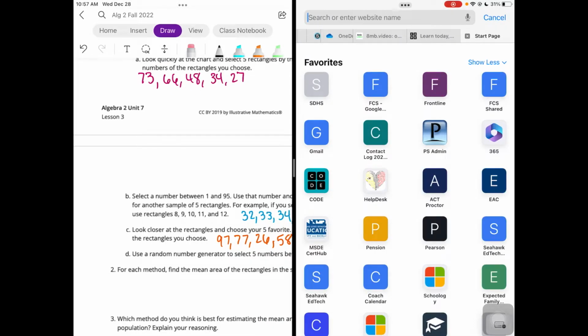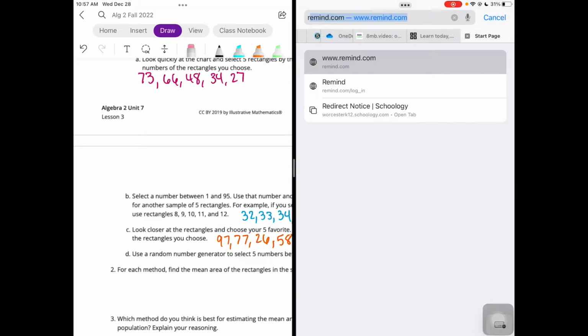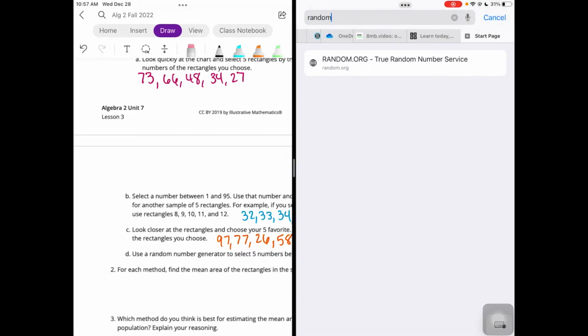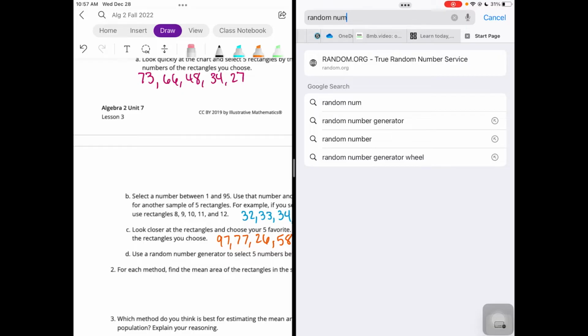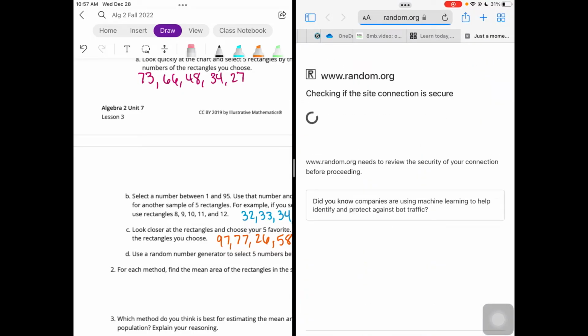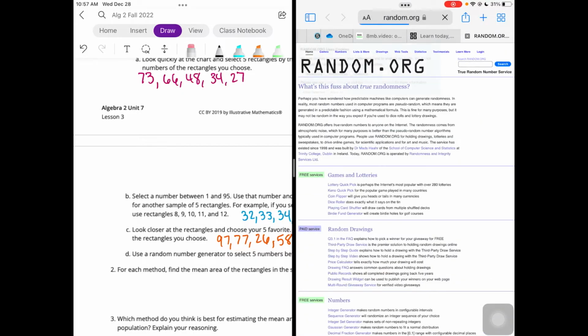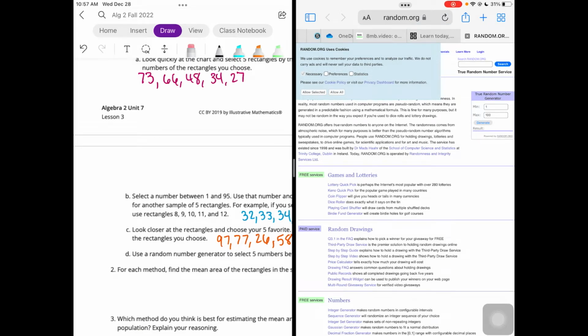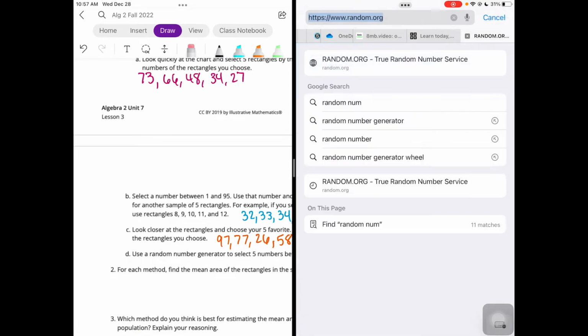Googling. All right. Random number. All right. I need my keyboard for this, I think. Random number. There we go. We'll try this. Oh, that's not what I want. All right.